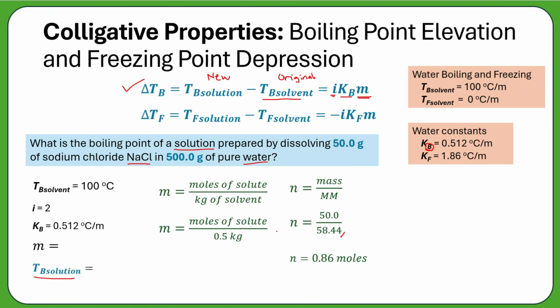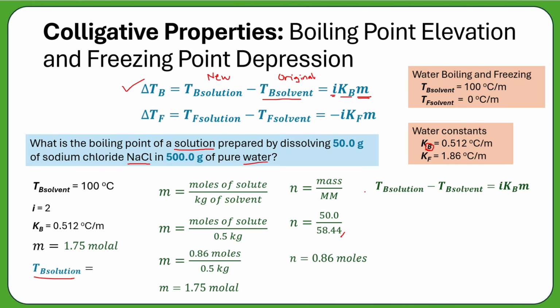And what should we do with this? Of course, we put that on top of our molality. So we have 0.86 moles divided by 0.5 kilograms. And we now have our molality. And put that there in our given, and we can now find the new boiling point temperature. So use the formula.